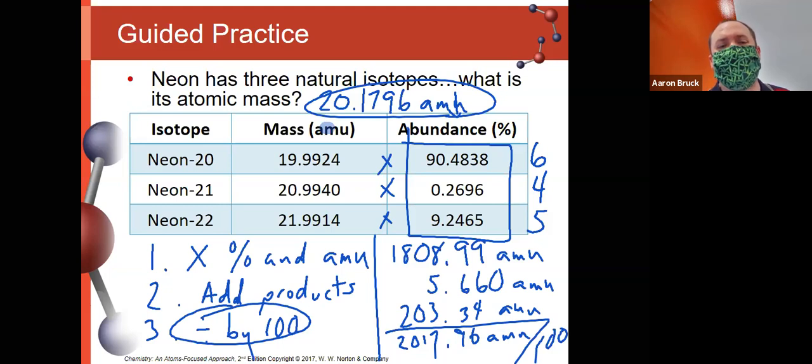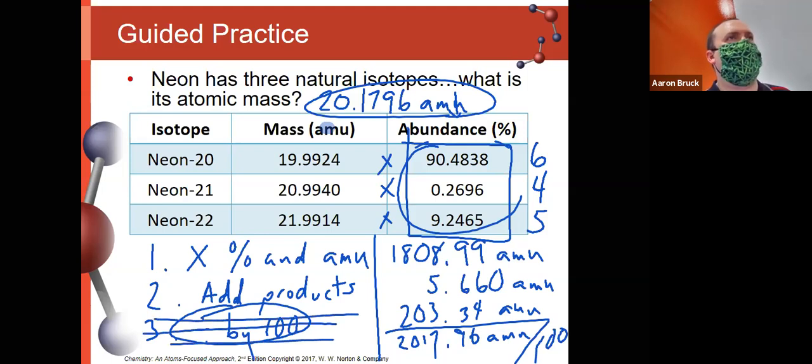Now, if you're not given percent by mass abundances, if you're given fractional abundances, 0.904838, 0.002696, 0.092465, where all these numbers have already been divided by 100, the process is exactly the same. You just skip step 3, because that part's already been done.